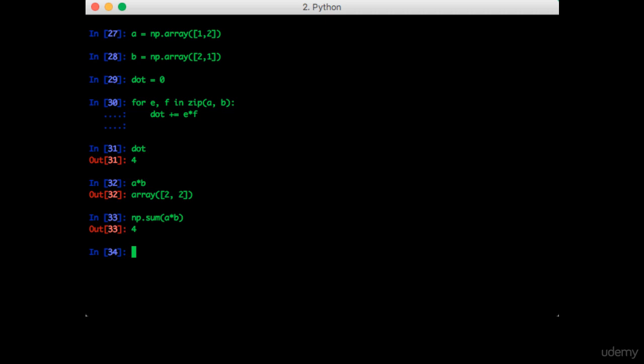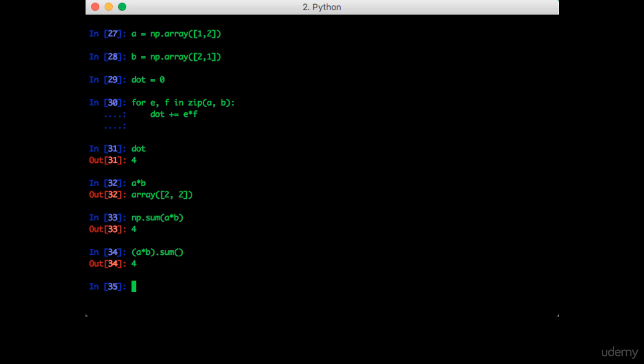One interesting thing about NumPy is that the sum function is an instance method of the NumPy array itself. So an alternative way of doing this would be (A times B).sum(), and that gives us the same answer. Finally, while both of these methods yield the correct answer, there is a more convenient way to calculate the dot product.